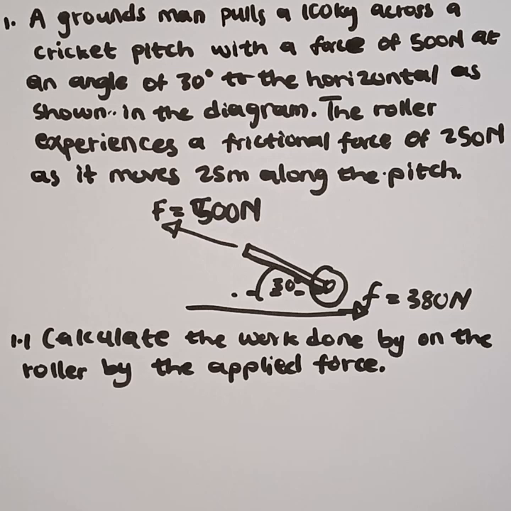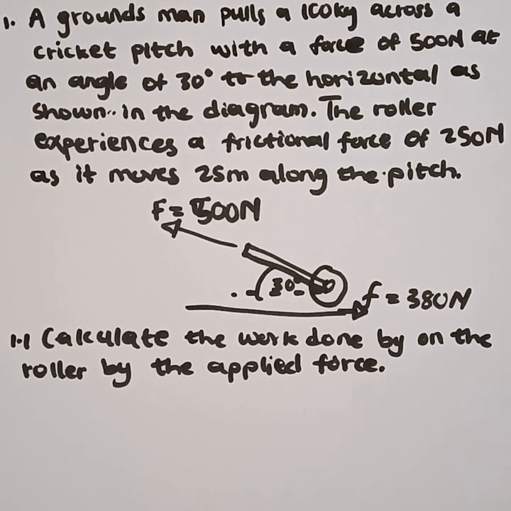So now let's do an example so that we can apply all that we did. A groundsman pulls a 100 kg roller across a cricket pitch with a force of 500 newtons at an angle of 30 degrees to the horizontal, as shown in the diagram.